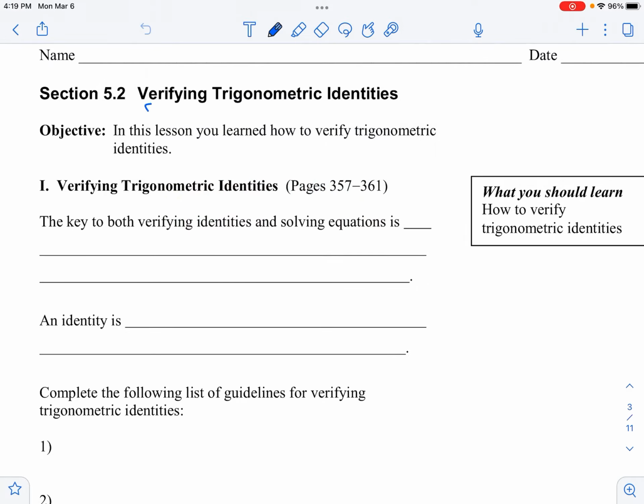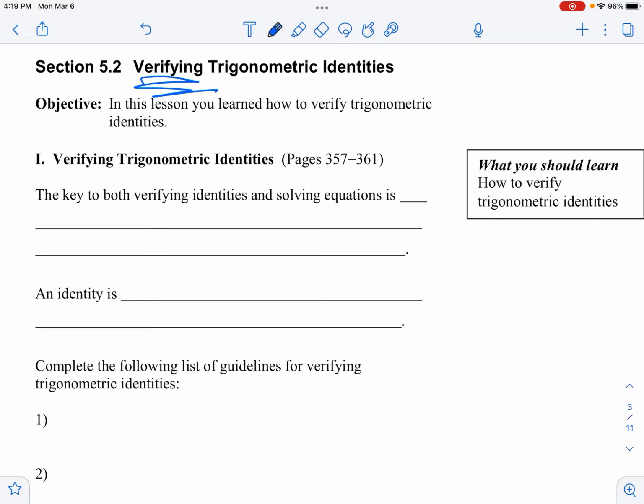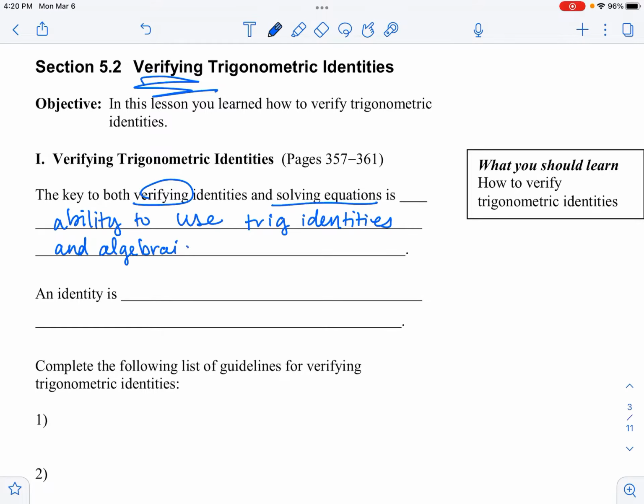Okay, so we're talking about verifying trig identities, and this is slightly different than just simplifying, okay? The key to verifying trig identities and solving equations is the ability to use trig identities and algebraic rules so that we can rewrite trig expressions.